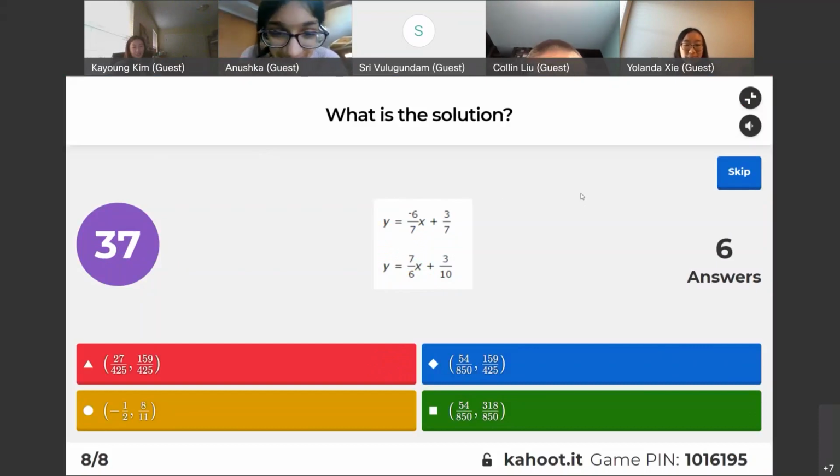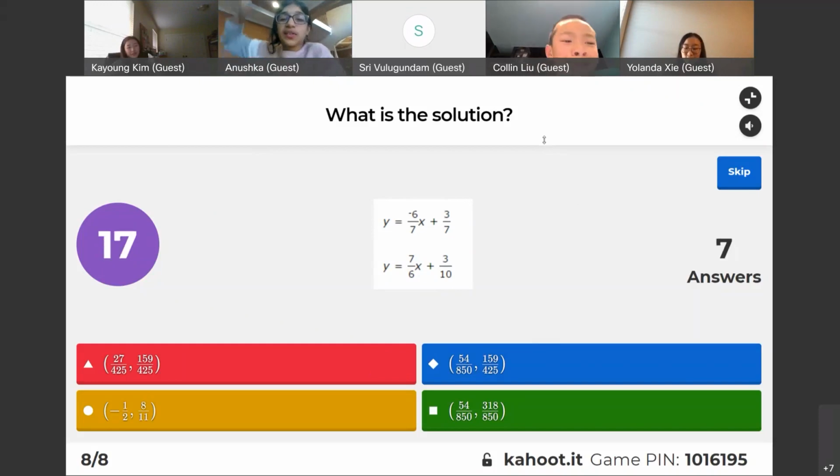That's not good. Eliminate 2 answers. It's not green, guys. So it's not green. That still gives us a 3.3333333% chance of getting this right. That's still not good enough.